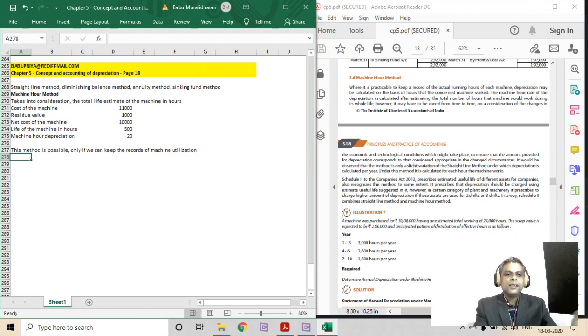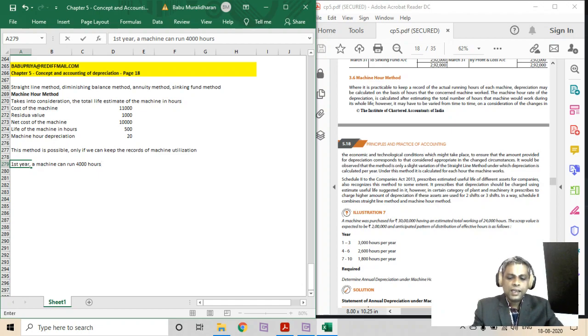It can still be seen that the machine hour depreciation can change. Like in the first year, a machine can run say 4,000 hours.